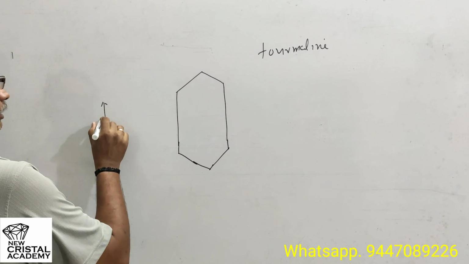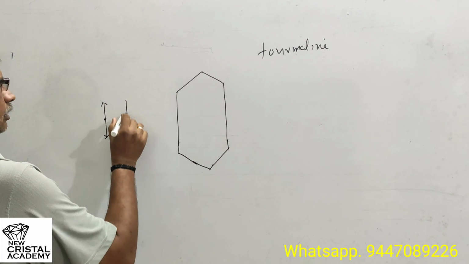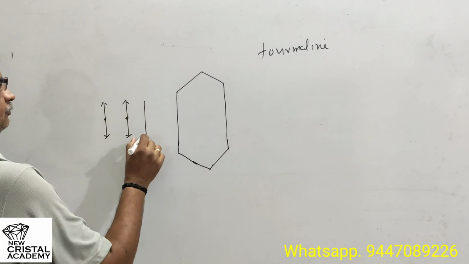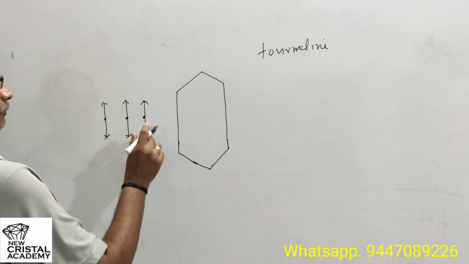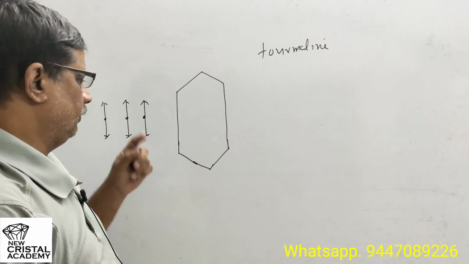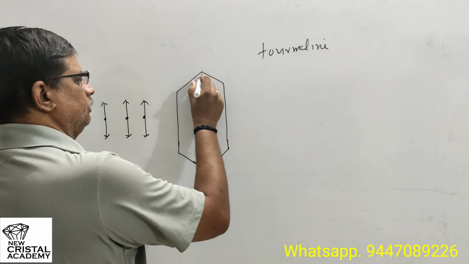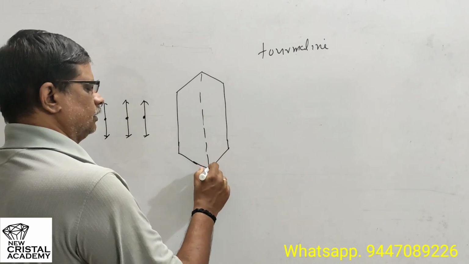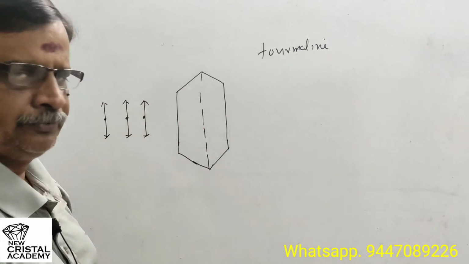In ordinary light, we have split the vibrations of the electric field vector along two mutually perpendicular directions, one parallel to the plane of the board, the other perpendicular to it.